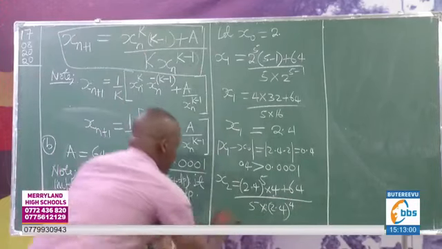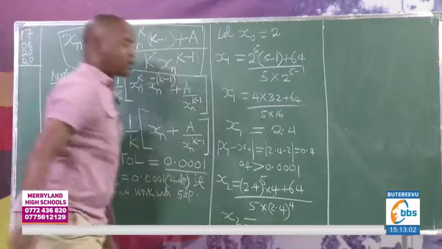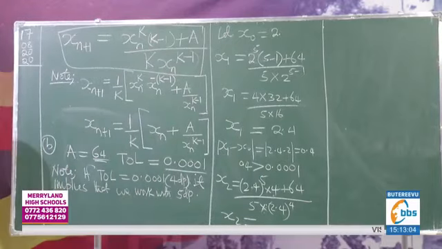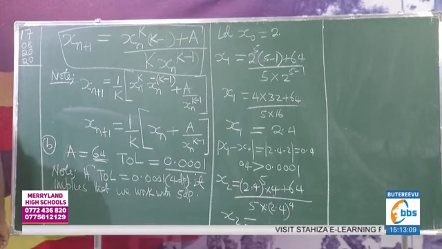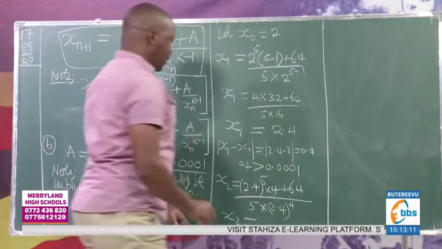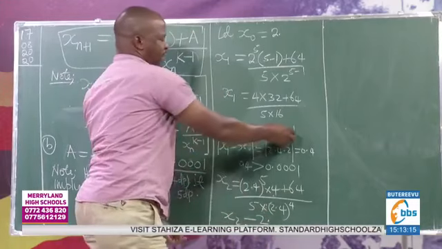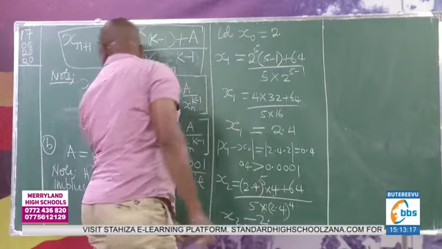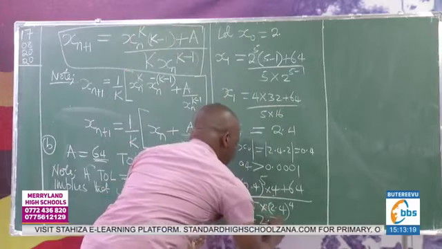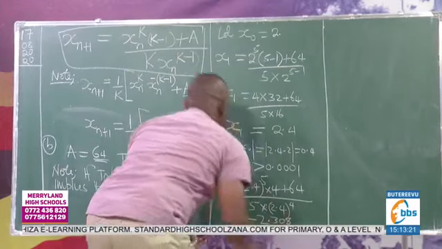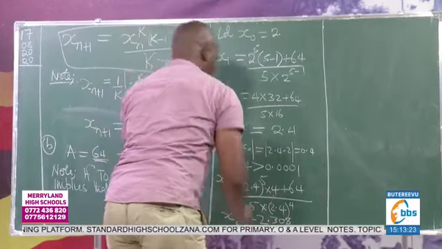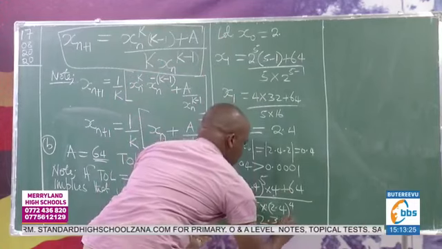When you compute this, the value of x2 you will get, I told you we are working with 5 decimal places. Here we had 2.4 straight away, but now we have 2.308, the other value, 2.30581.